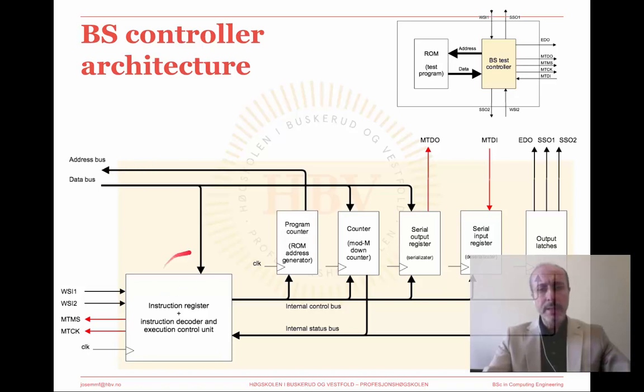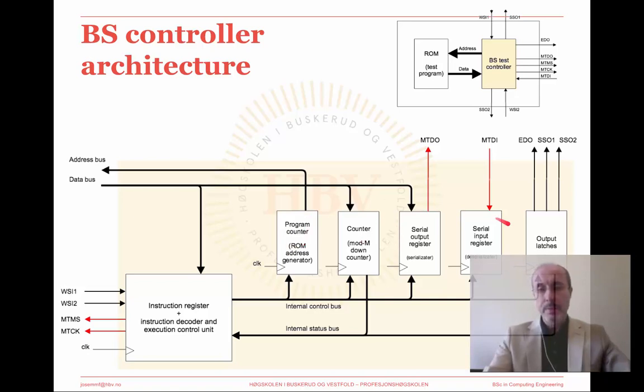The brain of this architecture is the instruction register and its instruction decoder and execution control unit, which issues the orders to the remaining blocks, such as the counter to generate the ROM addresses. This block is normally called the program counter and controls the address bus.